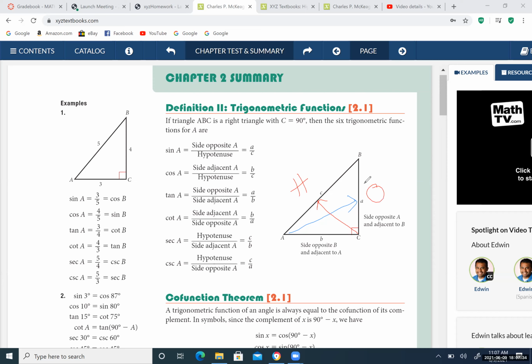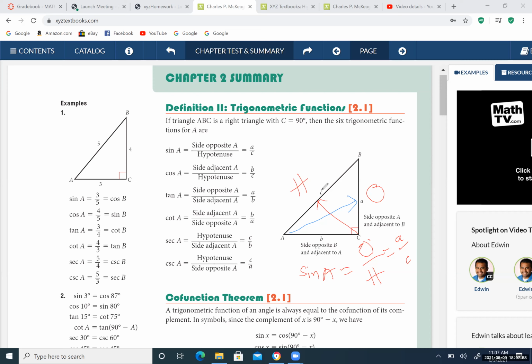So for sine of A we have the opposite over the hypotenuse. That would be the value. Here the unknown value is A, but in the actual exercise they will give you a number. So you can say A divided by C, small a and small c.